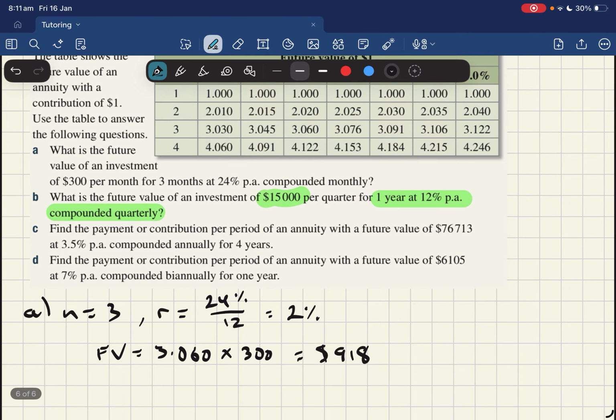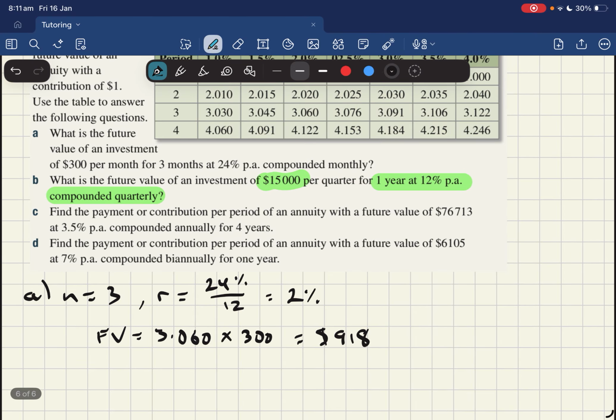So we need to find out our N and our R before we do anything. Now, if we think of our N, it's compounded per quarter, so 4 times in a year for 1 year. So our N is going to be 4 times 1, which equals 4.